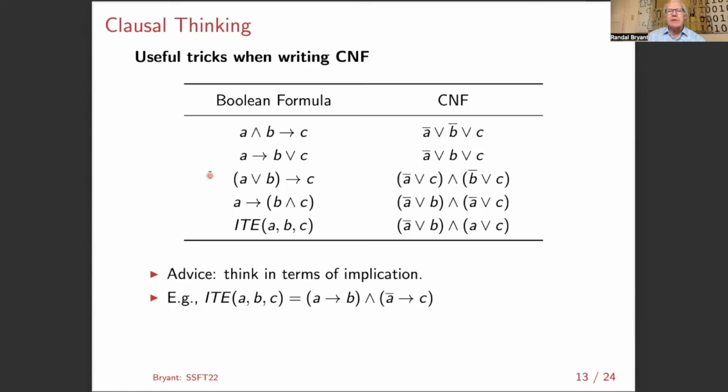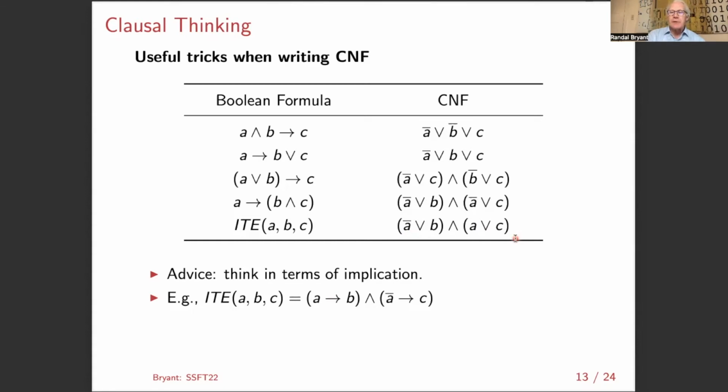One is A implies C, and the other is B implies C. And similarly, if there's a conjunction in the consequent, that turns into two or more clauses: A implies B, and A implies C. A particularly common case that sometimes is referred to as the ITE, or if-then-else operator, is we want to write, if A is true, then B, otherwise C. And so we can think of this as the conjunction A implies B, and not A implies C. And so we can write that as a pair of clauses as shown.